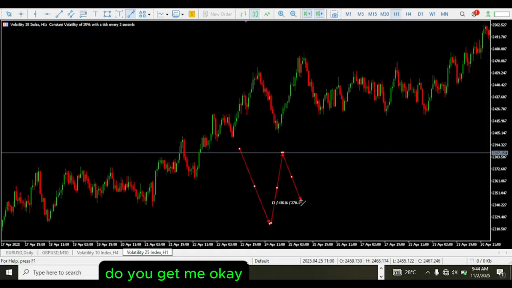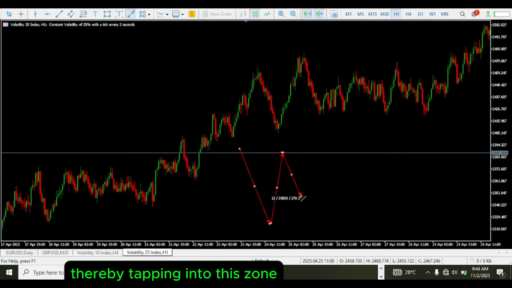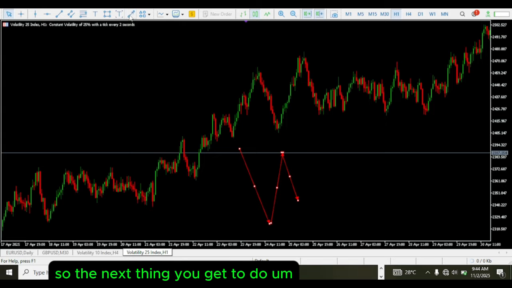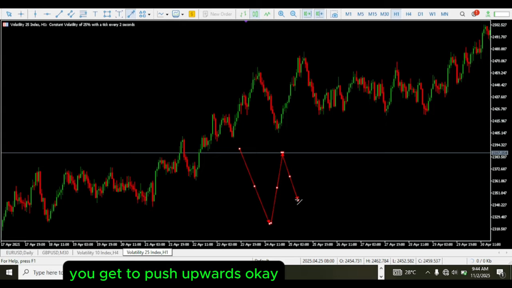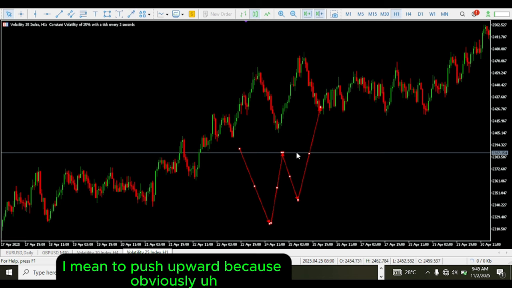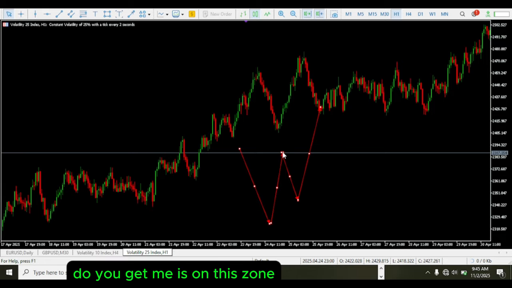It failed to tap into this zone. So the next thing, it pushes upwards by invalidating this zone over here. To push upward, because obviously the mitigation block is on this zone. It's on this zone.